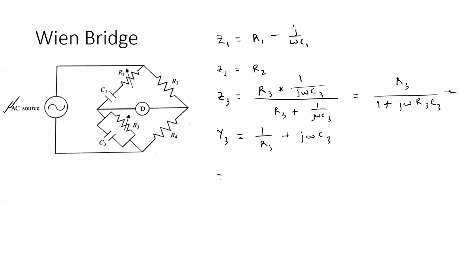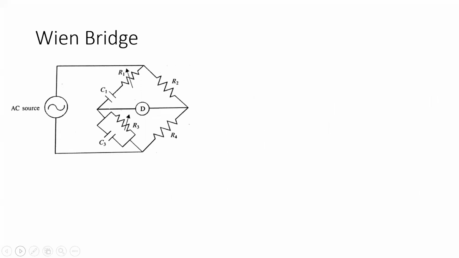And for the last arm, Z4, we only have a resistor. So now we can combine all these terms in the balance equation to obtain the expression for the frequency omega.